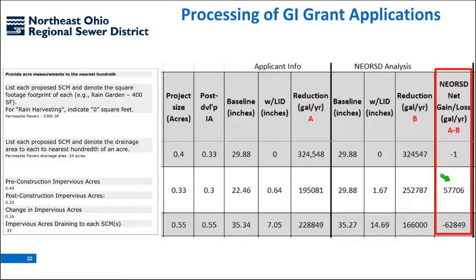Sometimes we think that they actually capture more. Maybe they underestimated something or made an incorrect assumption. And sometimes they overestimate, and our numbers come out lower than their numbers. But we are confident that as far as the ranking of the applications, we end up using our numbers for the final results.